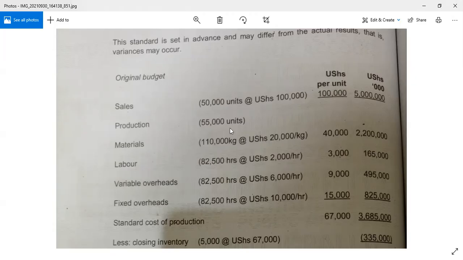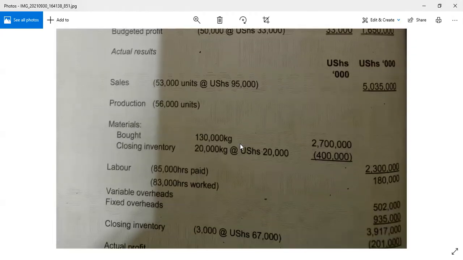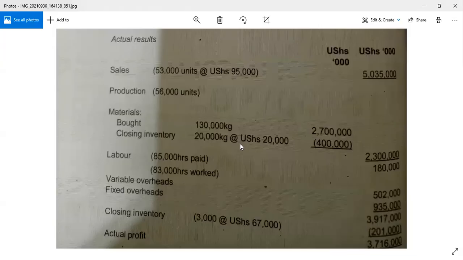Okay, we have 120. When you move down here onto the materials, I think you can see we bought 130. Okay, but we closed with 20 kgs. So it means that we actually used 110 kgs.